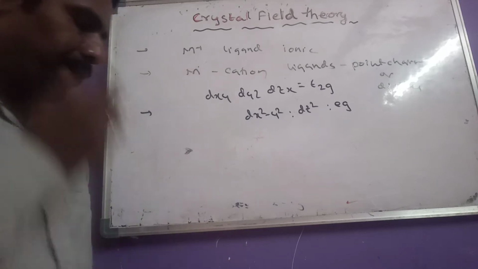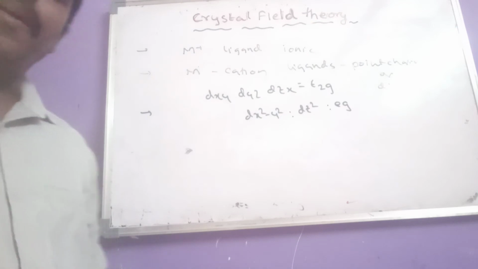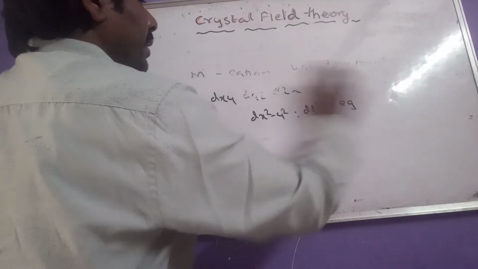Now let us see how the d orbitals split in octahedral complexes. Later we go for tetrahedral complexes.